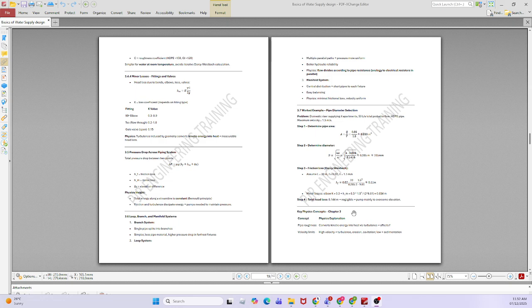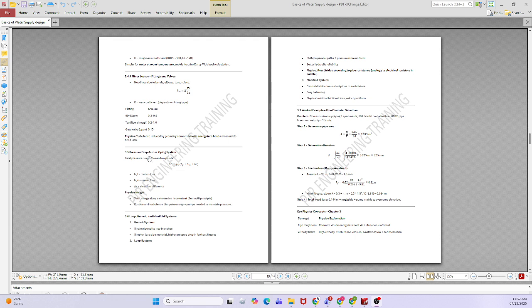Then minor losses, based on elbows and tees, use this equation: HM equals K multiplied by V squared by 2G. If you go to the ASHRAE standard piping design, there is a K factor for the fittings. Based on that K value, you can calculate your minor losses.